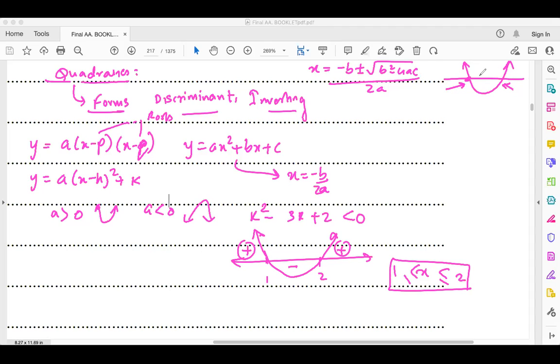Now sometimes you're expected to know the distance between the roots, which is obviously the difference in the roots. If this is x1 and this is x2, and you subtract x2 minus x1, you get this distance.